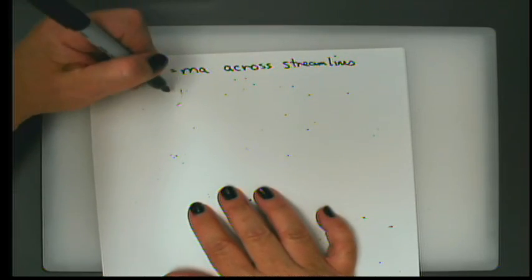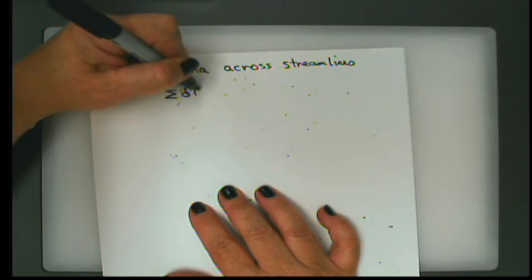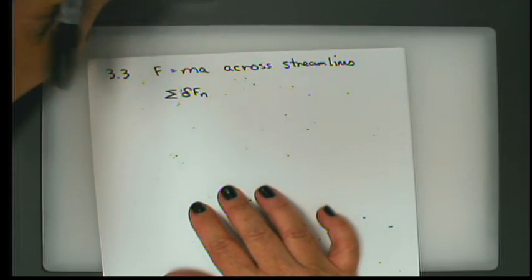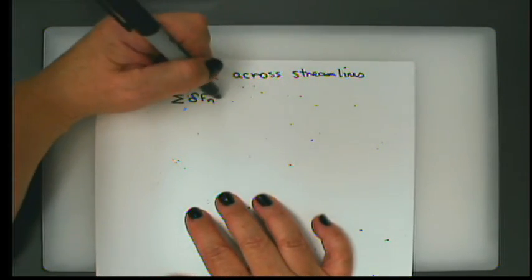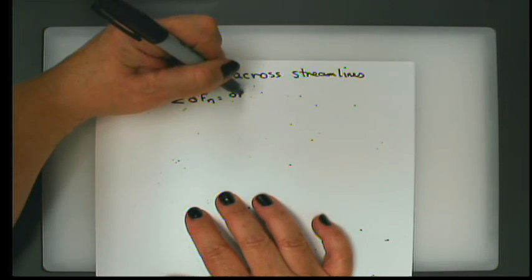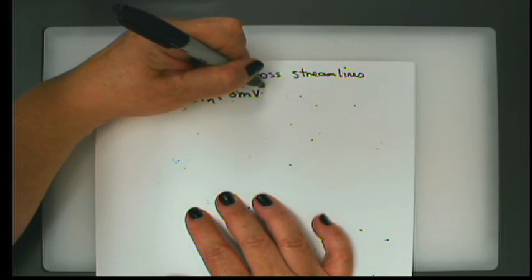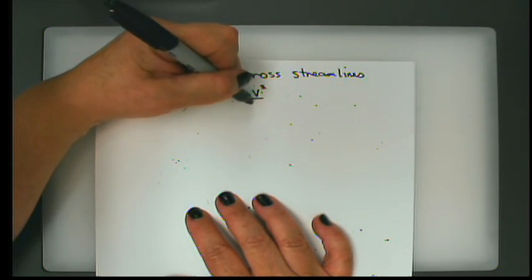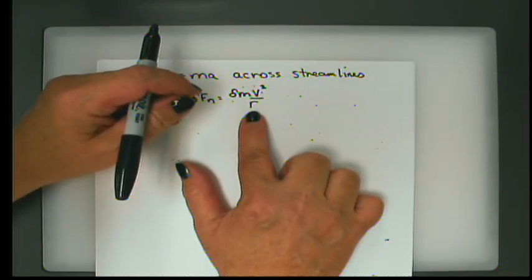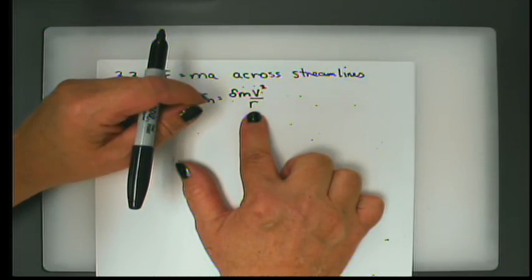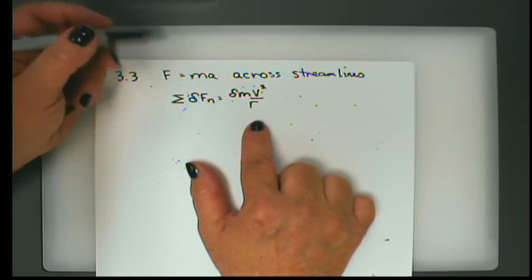So basically, starting out the same way, we know that the summation of forces, we're talking about a differential element, only this time we want to go normal or perpendicular to the streamline, is going to equal mass, that differential element m, times the acceleration, but remember we're talking about v squared over r, and your authors use a scrolly r here, a cursive r, but that's just a little hard for me to draw, so I'd like to leave it as this.